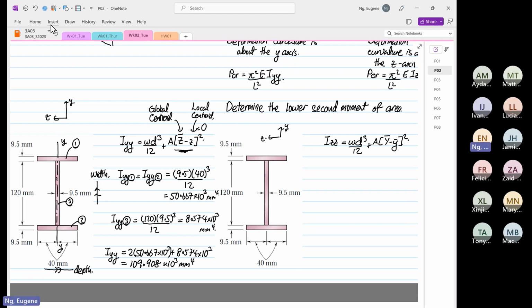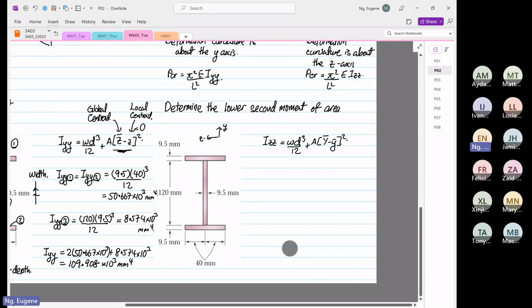Okay. So next we calculate our IZZ. Again, this is our section 1, this is our section 2, and this is our section 3. So now this is our ZZ axis. So that is the axis of interest. So that's the case.